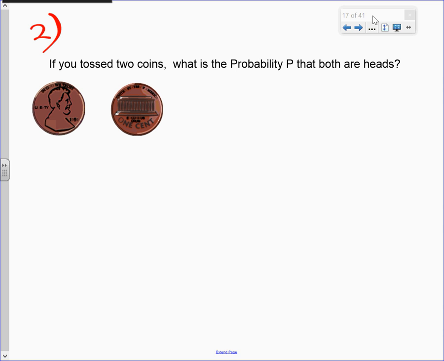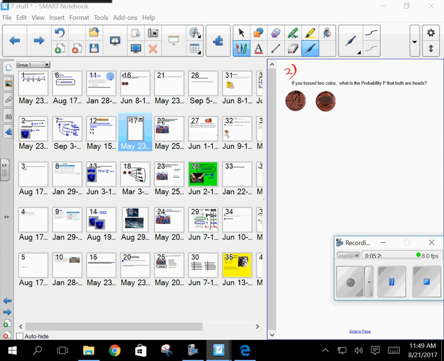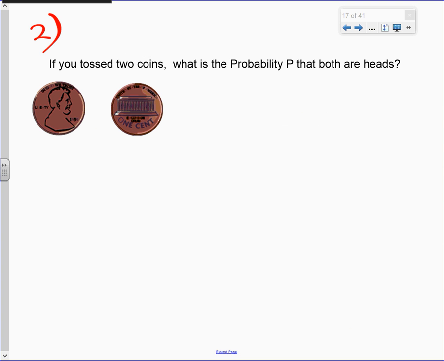If you toss 2 coins, what's the probability P that both are heads? All right, so let's think of the 4 possibilities here. The first coin, I'm going to draw the sample space. In other words, I'm going to show all the possible outcomes.